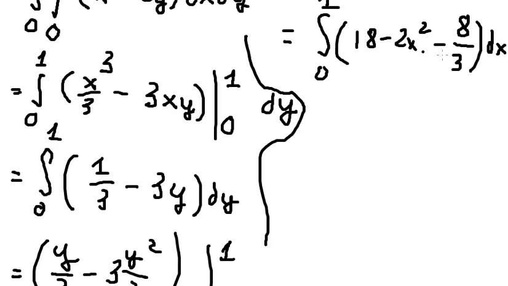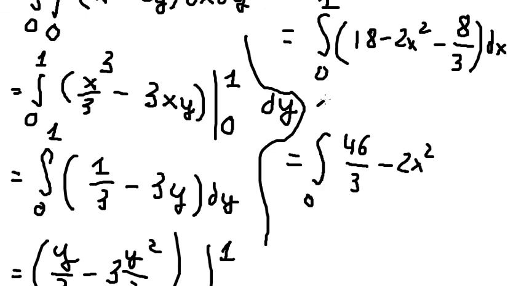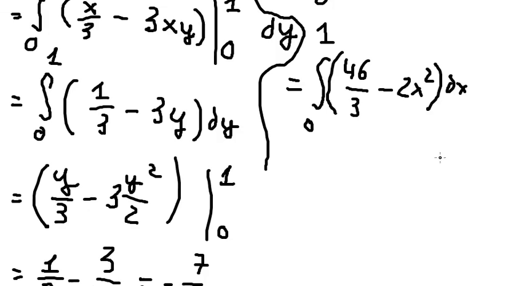So we have 18 minus 8 over 3. We get 46 over 3 minus 2x squared, and now we have the answer.